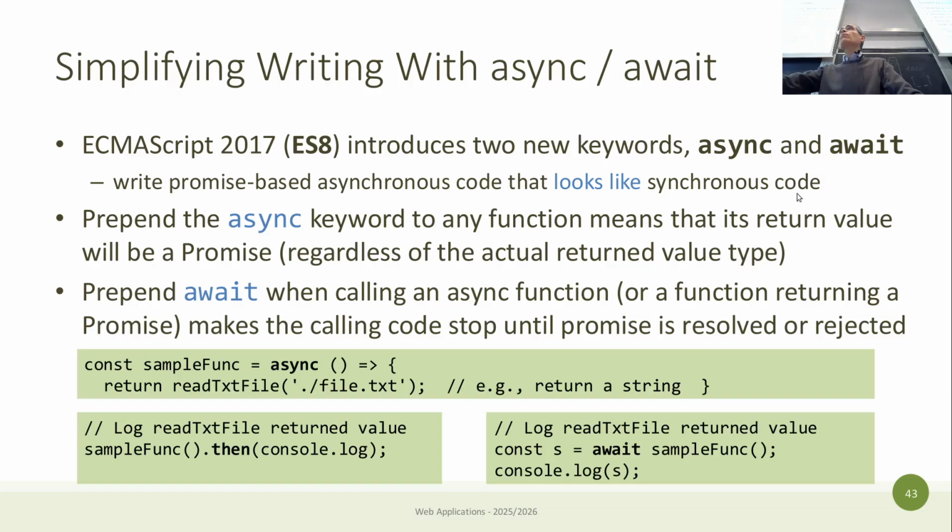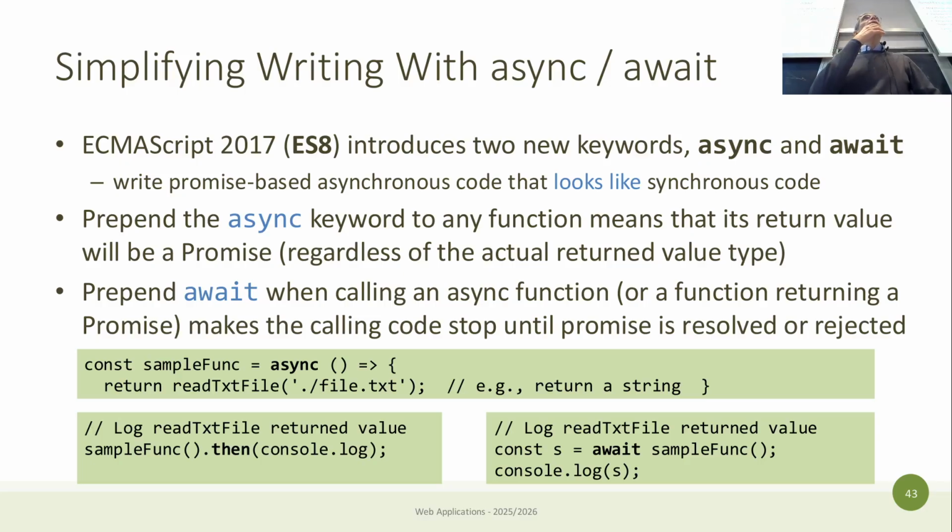This is very useful for us because writing synchronous code, so imperative code, one instruction after the other, where you wait for the previous instruction to be executed and then execute the second one, is very intuitive. It's what we started programming with.